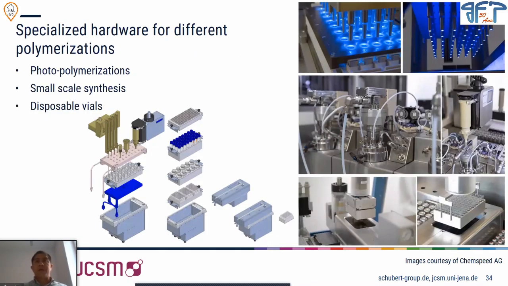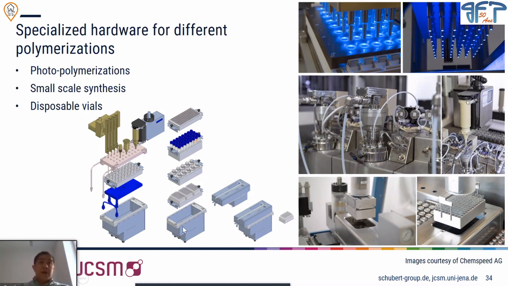And some other variations are commercially available nowadays. For instance, I already mentioned the microwave possibilities. Now they come up with some photopolymerizations, a similar array of parallel reactors, but now every reactor has a single UV light so you can achieve some photochemistry, right?